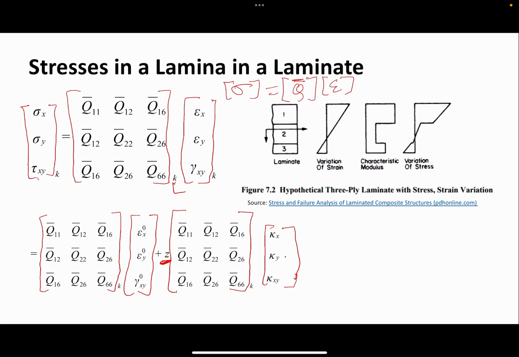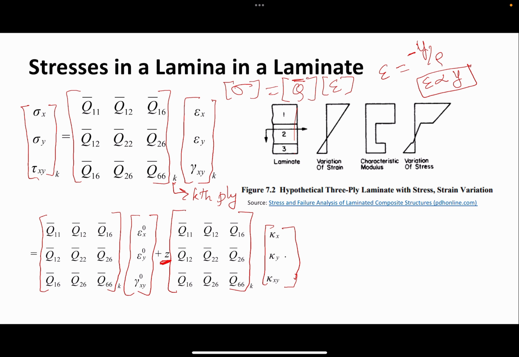The k stands for the kth ply. You have to go ply by ply. The simplest way to visualize is to say you have a laminate made of 3 different plies with different thicknesses. From our basic strain equation, in terms of bending, epsilon was minus y by rho, or z by rho, correct? So your epsilon is proportional to y, the vertical.